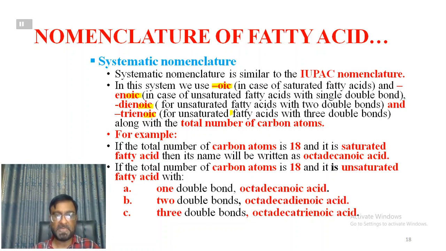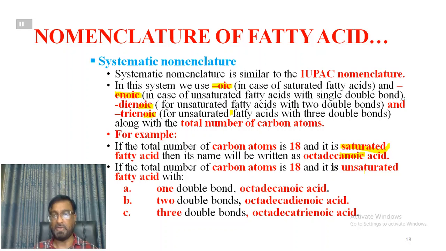For example, if the total number of carbon atoms is 18 and it is a saturated fatty acid, then the ending will be for the saturated fatty acid. I am again repeating the word saturated fatty acids. So in case of the saturated fatty acid, the ending will be anoic. In case of unsaturated fatty acid, enoic.